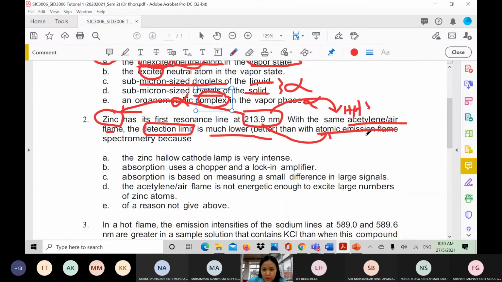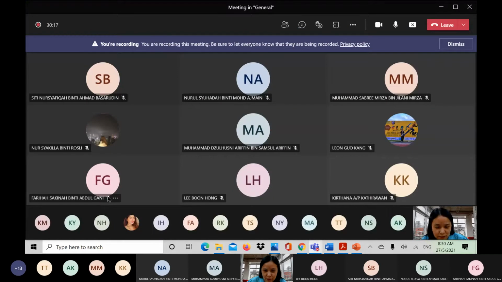So now we move on. It says that you will get a more sensitive detection in AAS as compared to AES. Why? Which is the correct answer? Thank you, Fariha, for answering the first part of the question.